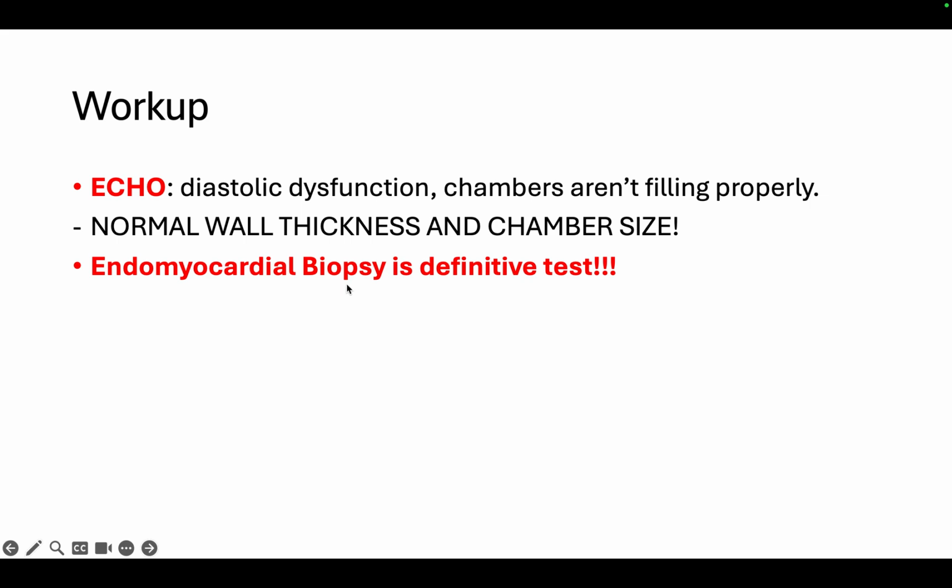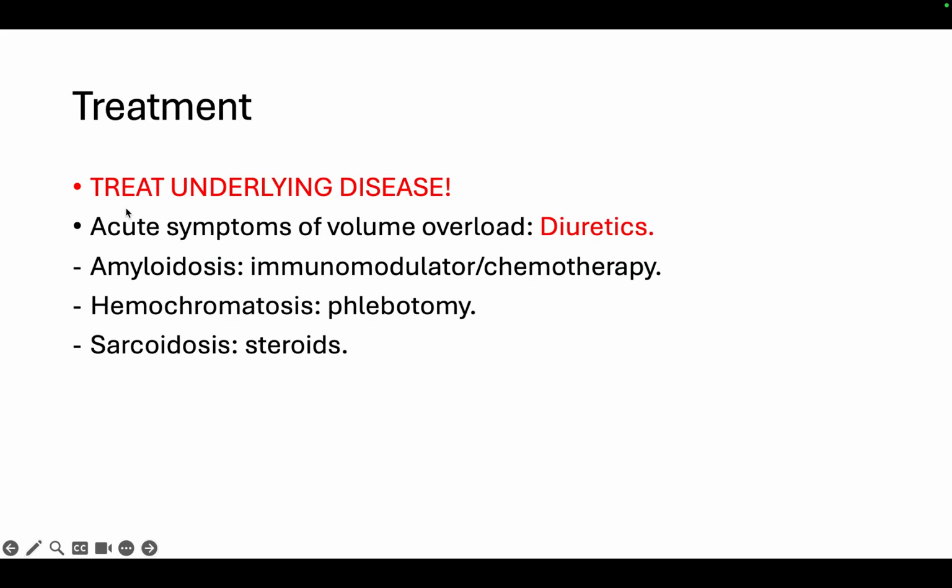If it's hemochromatosis, how are you going to know? A biopsy. Or if it's amyloidosis, you want to see what type of proteins are building up in the myocardial wall. So this biopsy is the most definitive test. The echo would probably be your better initial test.